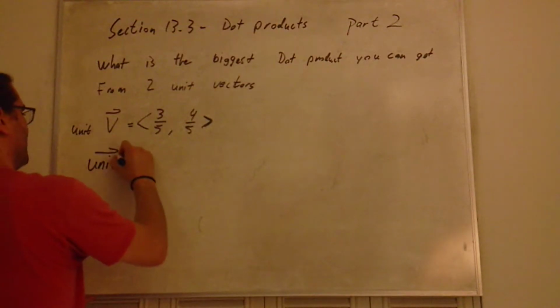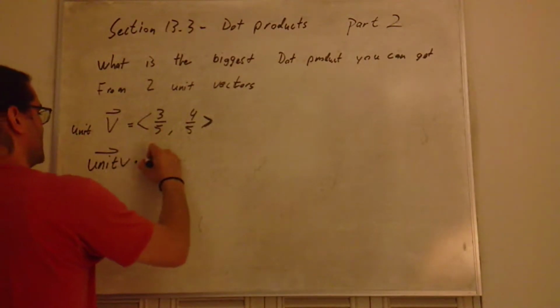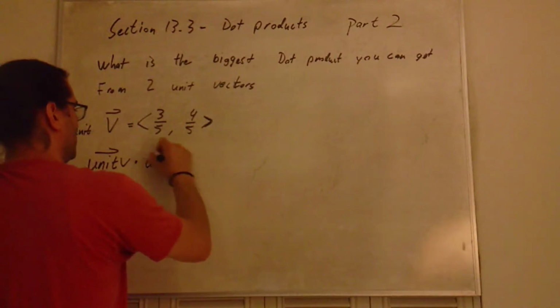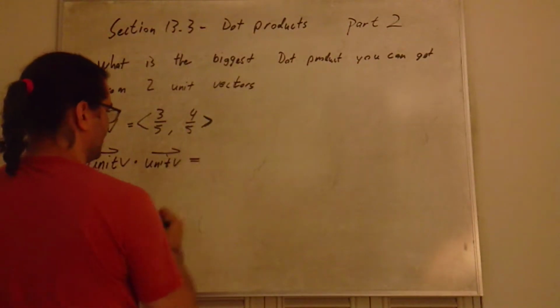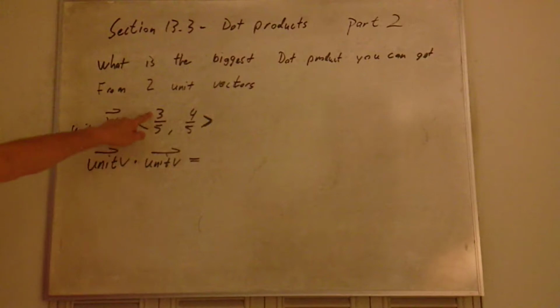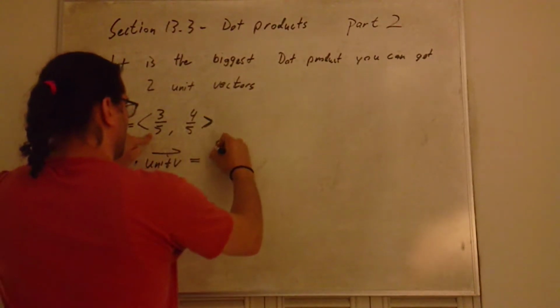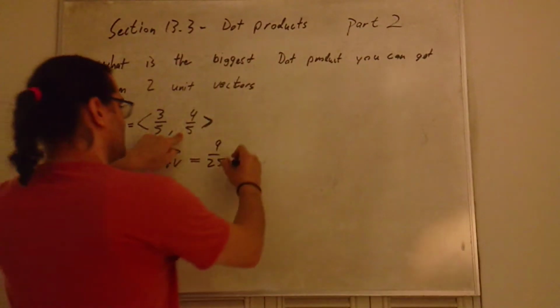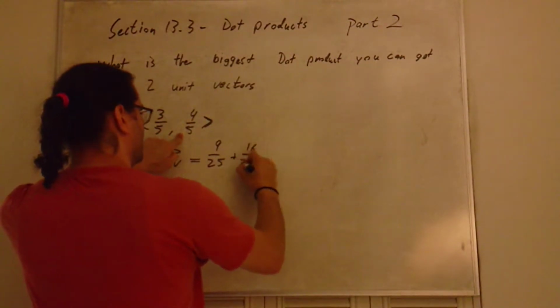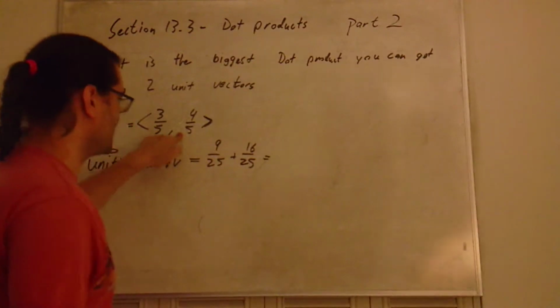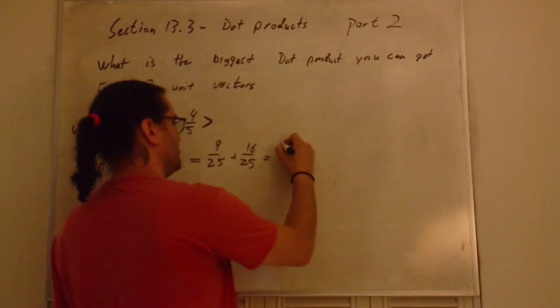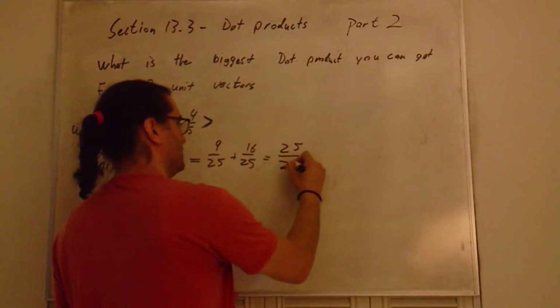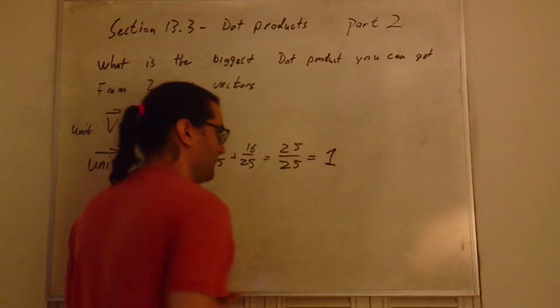I want to find what happens when we take the dot product of this unit vector with itself. So that would be 3/5 times 3/5 is 9/25. 4/5 times 4/5 is 16/25. If you add those together, you should get 25/25, which is 1.